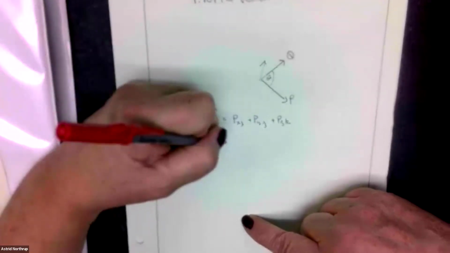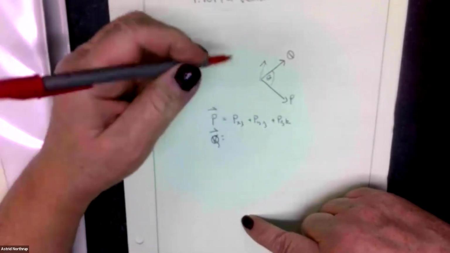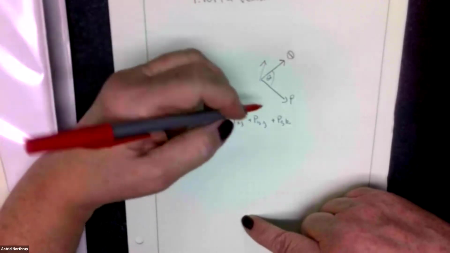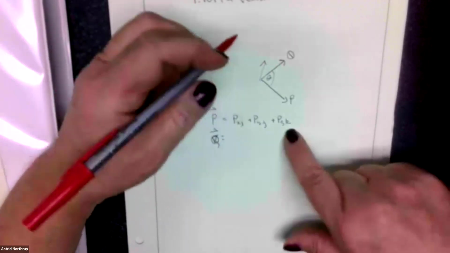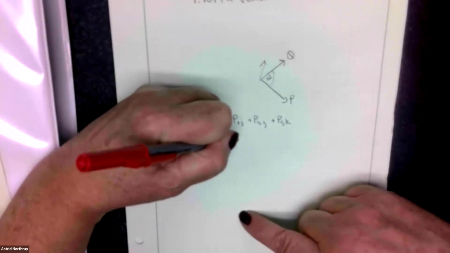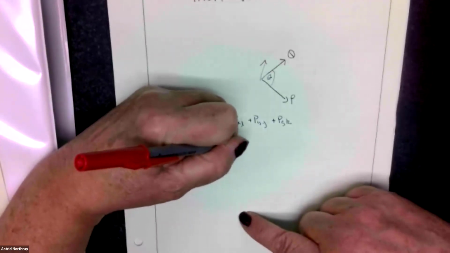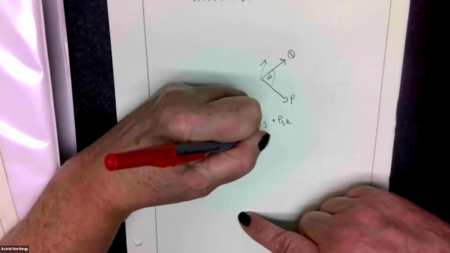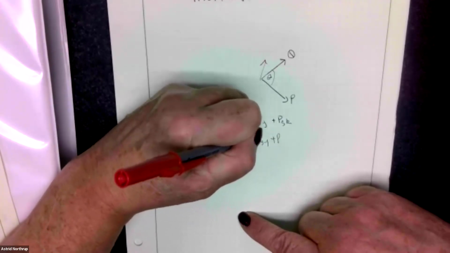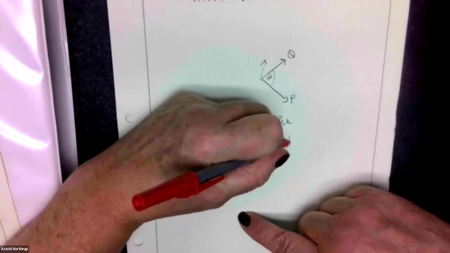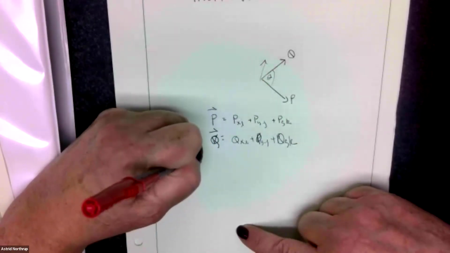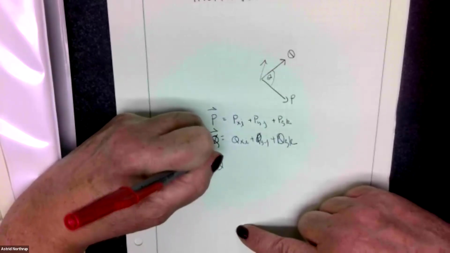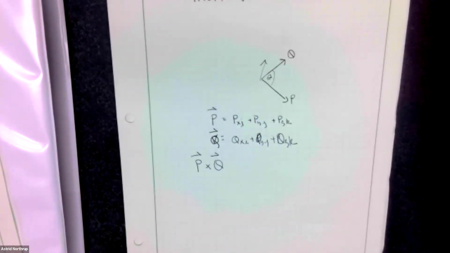So if we have vector P that has the components P sub X in the I direction, P sub Y in the J direction, and P sub Z in the K direction, and we have a vector Q that looks the same as that, and we want to find P crossed with Q, the easiest way to do that is to set up what is called a determinant.